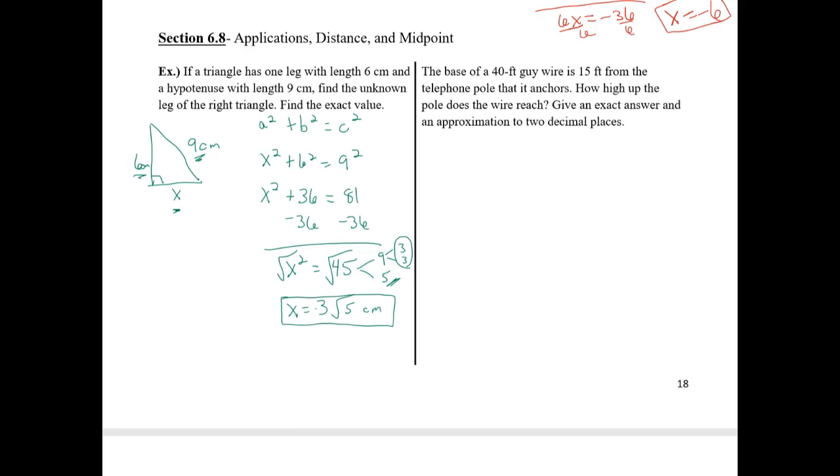So when we talk about exact versus approximate, exact means I'm not rounding anything. With radicals that are not perfect squares, when we type that into a calculator, we actually get something that's irrational. So if it's not a perfect square, the square root of a number is going to be irrational, meaning it's going to go on and on and on forever.